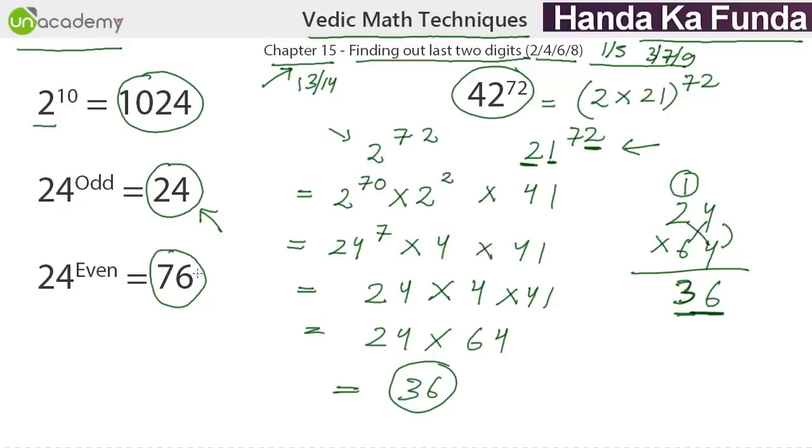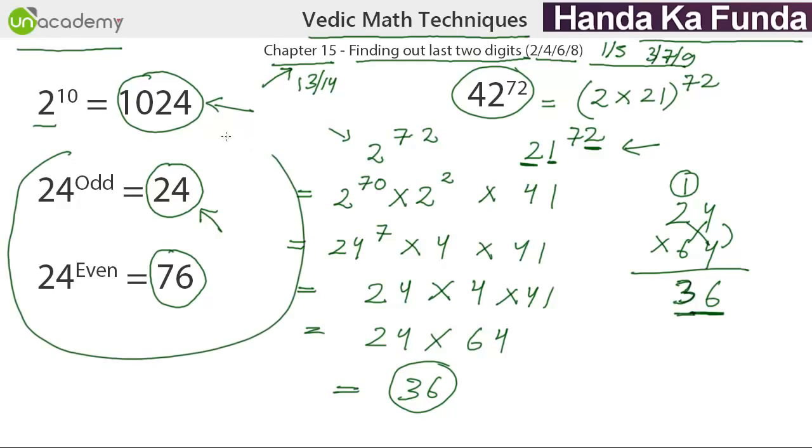So once again, just to repeat, what you need to remember: 2 to the power 10 is 1024, which most people know and remember. What they don't know is this part, that 24 when raised to an odd power is 24. When it is raised to an even power, it is 76. How do you actually solve questions?